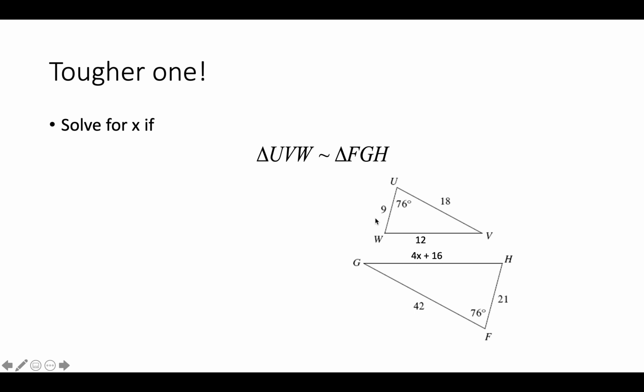Then we can either use little side over little side or bigger side over bigger side. So you could do 9 over 21 equals 12 over 4x plus 16. Or 18 over 42 equals 12 over 4x plus 16. You cross multiply and do the algebra and solve.